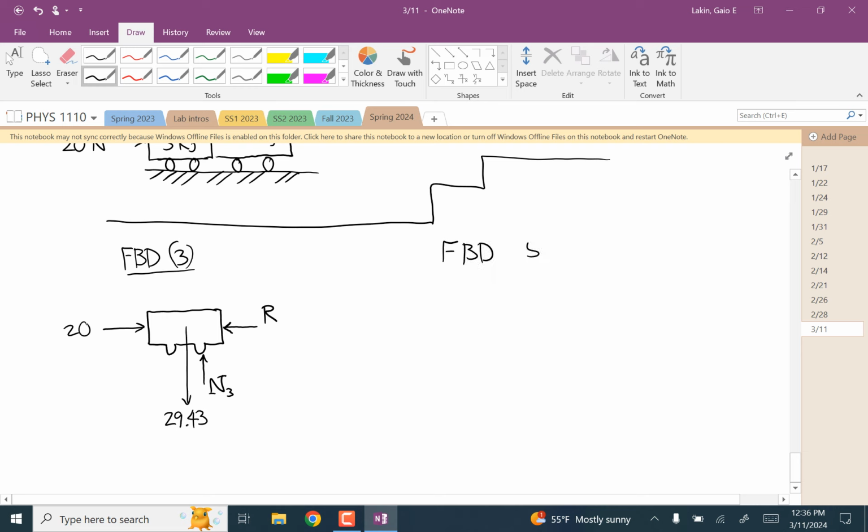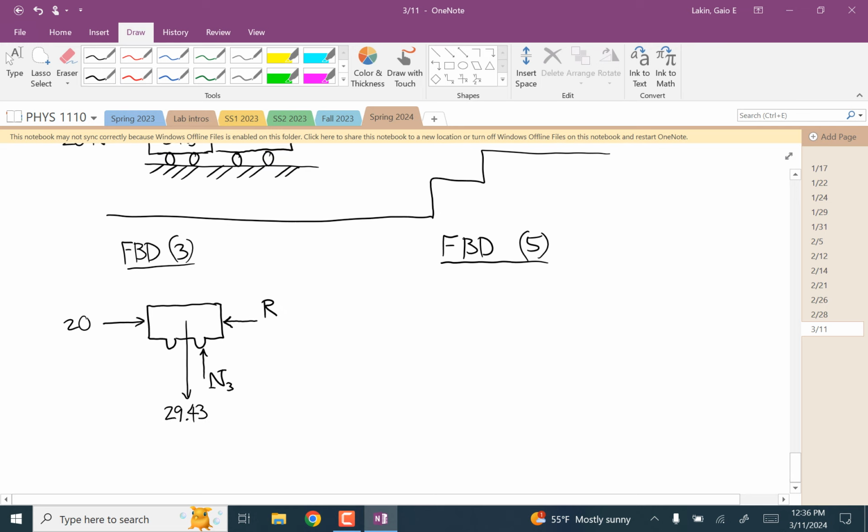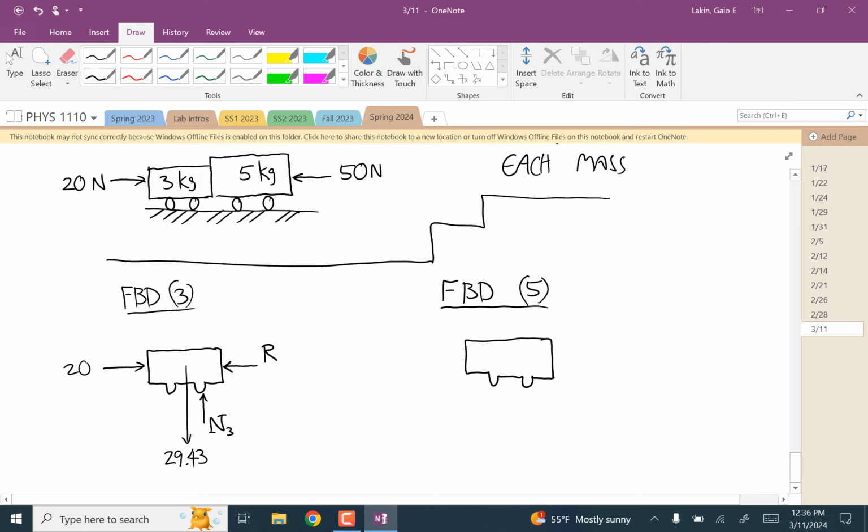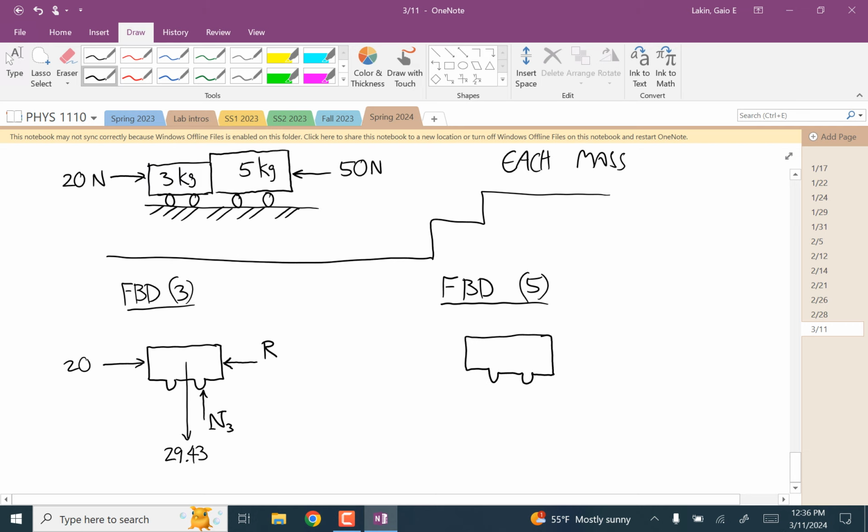And now the 5. Well, notice the 20 doesn't act on the 5. It doesn't act on the boundary of the 5. The 50 does. And so the only one of those two that appears here is this.